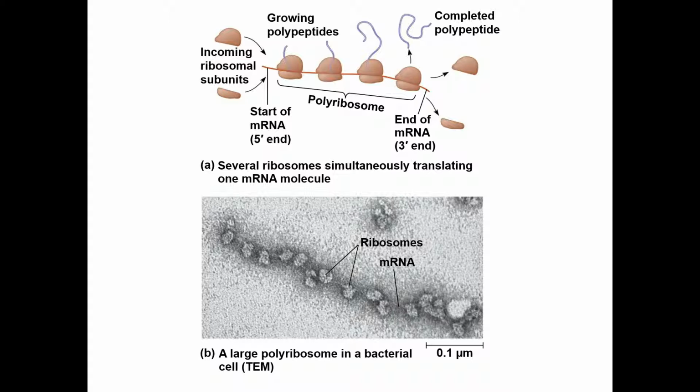You have your incoming ribosomal subunits that dock on the 5' end, and as they move along your messenger RNA transcript, your polypeptide chain elongates until at the very end the protein is synthesized. But you can have many ribosomes that are in different phases of translation of that protein, all along that messenger RNA.